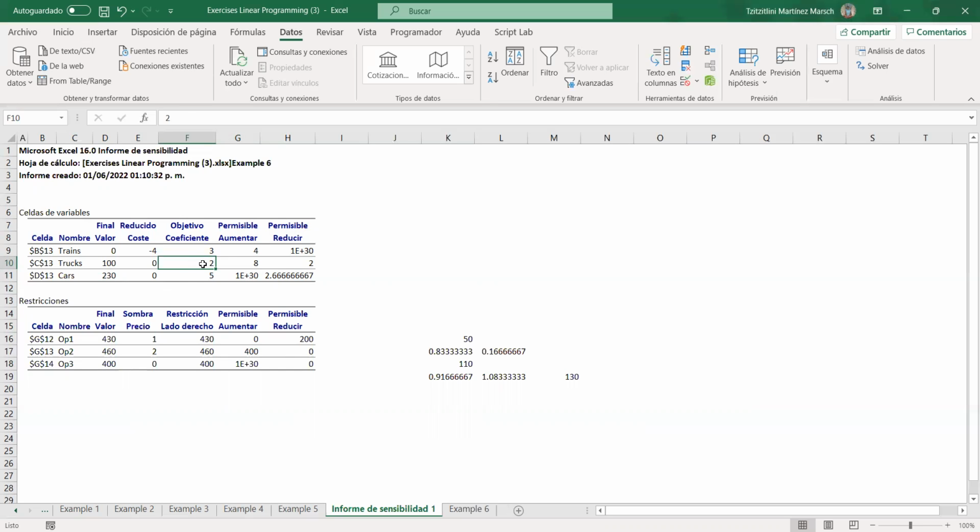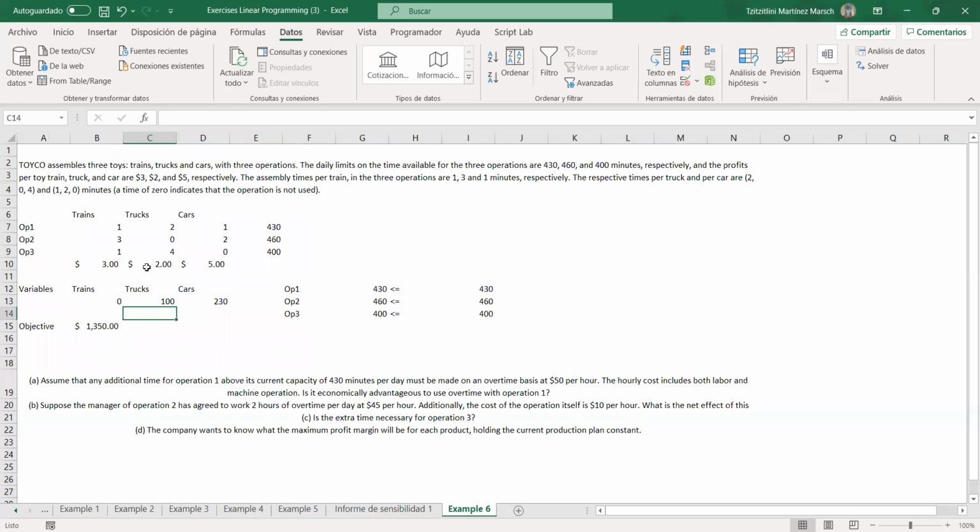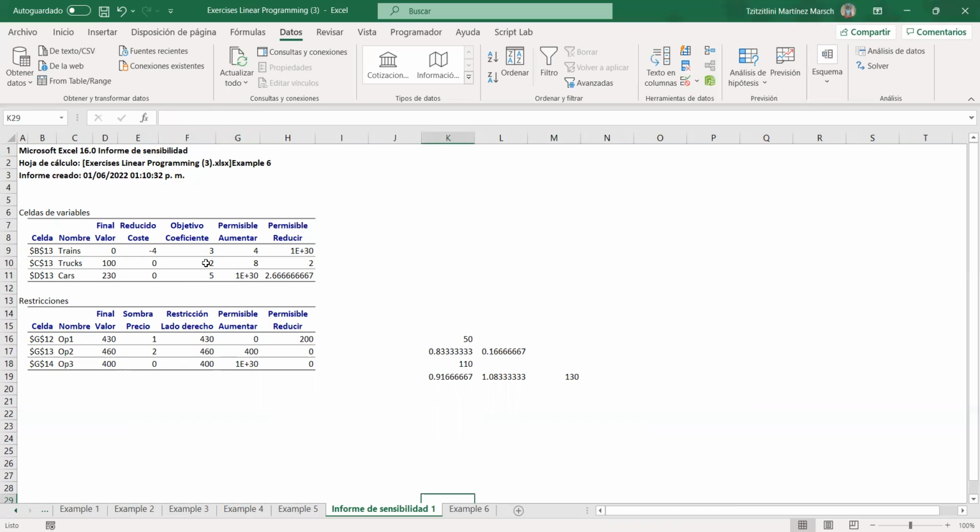I have $2 right now. They're worth $2. I can go with the price $8 more to $10 per train. That means I can keep making 100 trains, and instead of costing $2, I can sell them for $10. Doesn't mean I will sell them for 10, but I can, and I will keep my production plan. Okay.